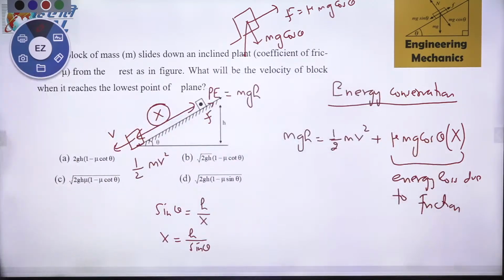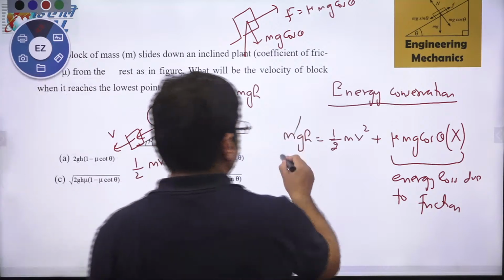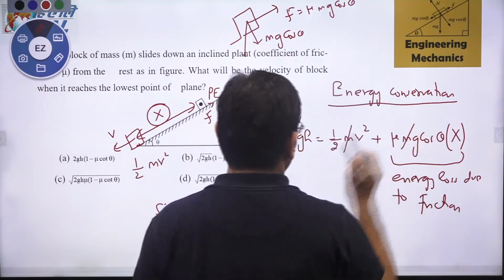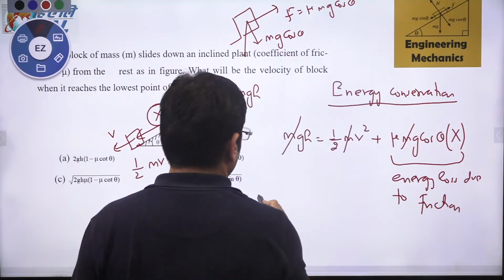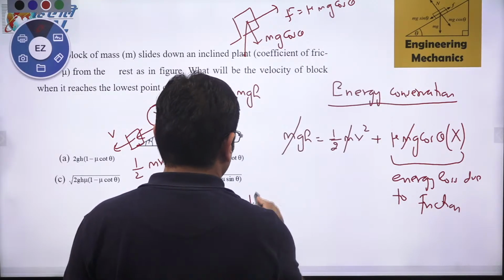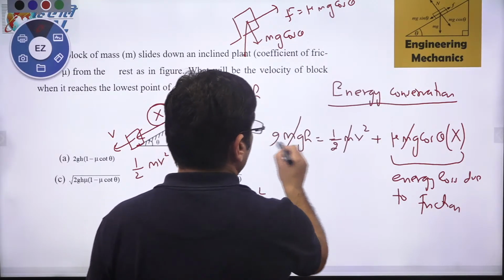Now we need to make use of this energy concept to find out the velocity of the body. Let's cancel out m, take v square on one side, and multiply by 2 throughout.